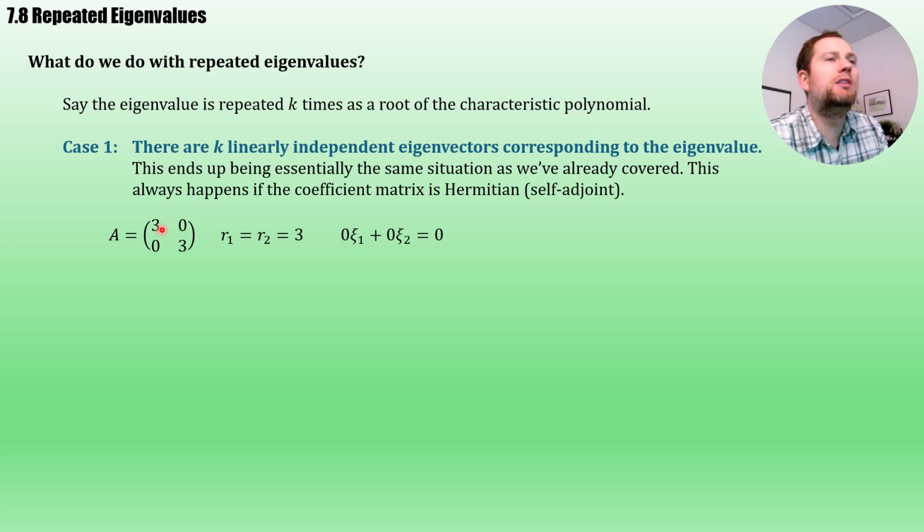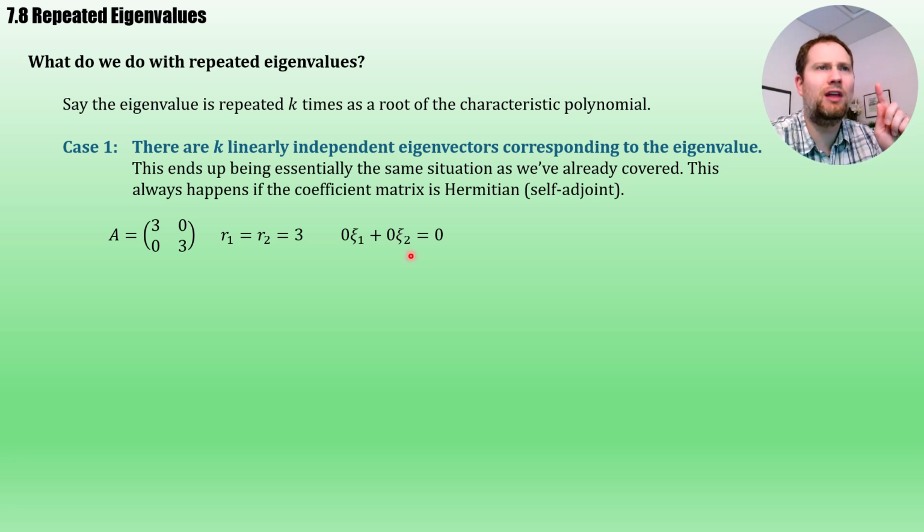And then remember, we take the matrix and subtract the eigenvalue on the diagonal. So your eigenvalue problem matrix is going to be 0, 0, 0, 0. When you subtract 3 on the diagonals from this matrix, which already has 3's on the diagonal, you get this result for the eigenvector that you're looking for.